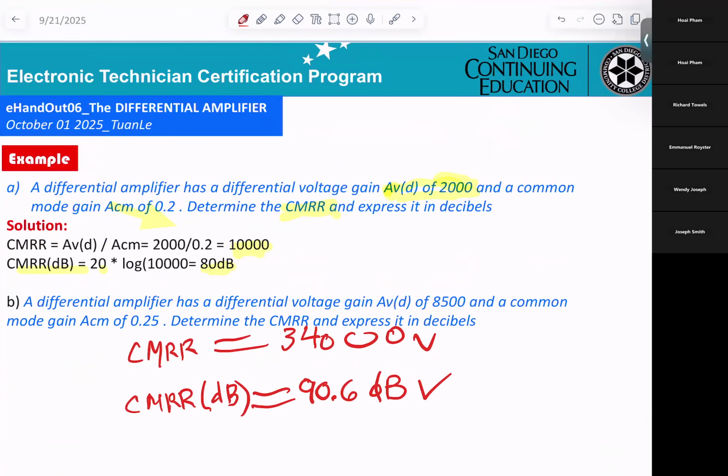AVD equals 2500, divided by 30,000, you get 0.083. And now they want it in dB. Then you take 20 log of 30,000, and that gives you 89.5 dB.